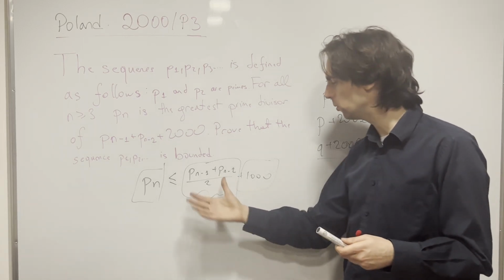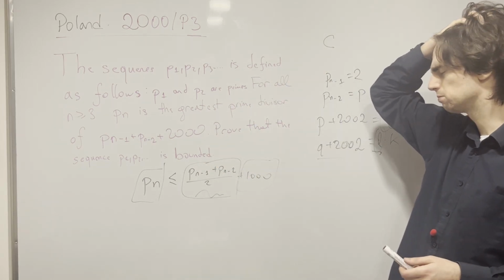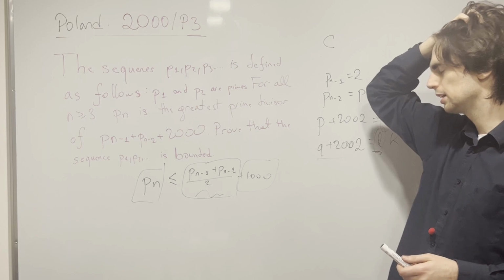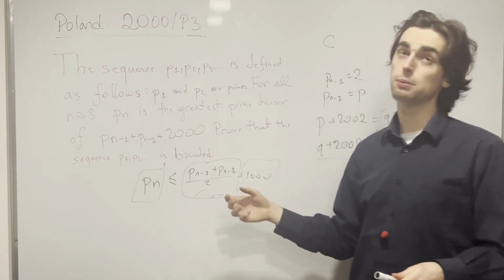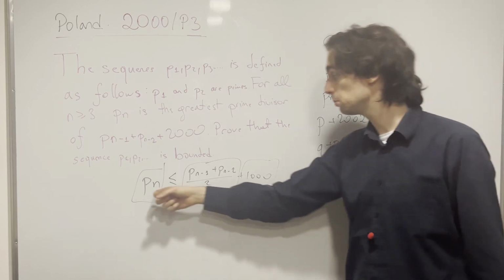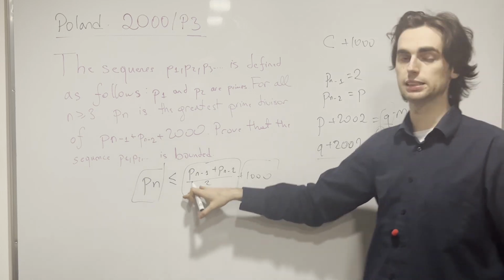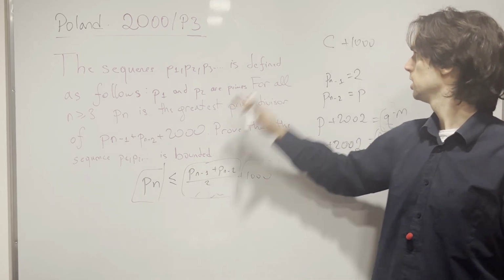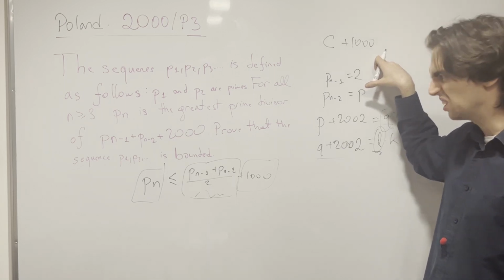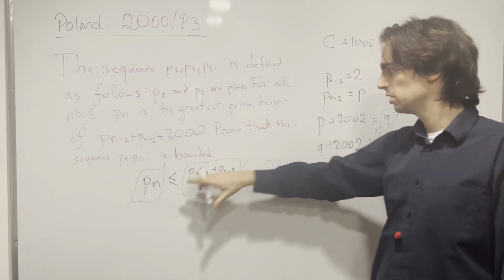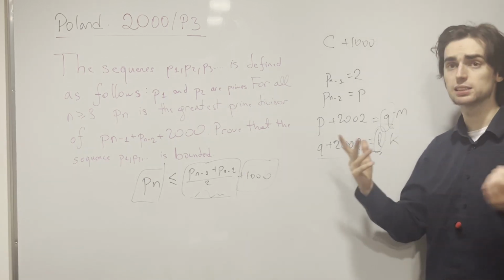Say they will never go over this C until this point, then this will be less than, say, C plus 1,000, right? If it's bounded by some C. But if numbers C through C plus 1,000 are all composite, and we can make it so, then we know that Pn will also be below this number C plus 1,000.